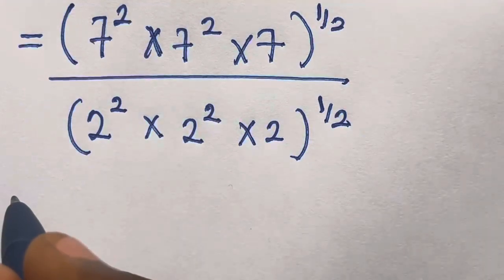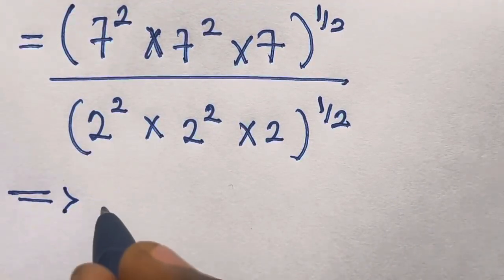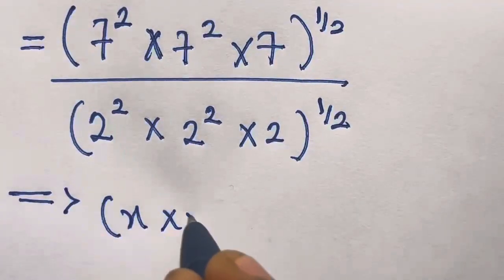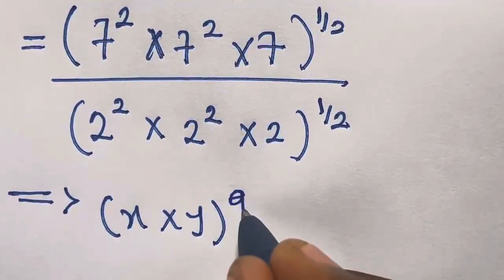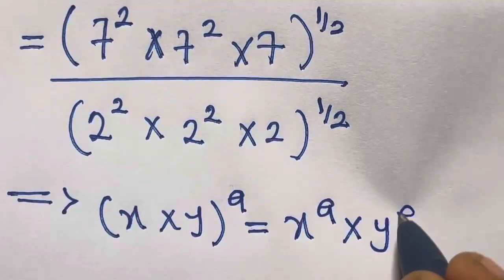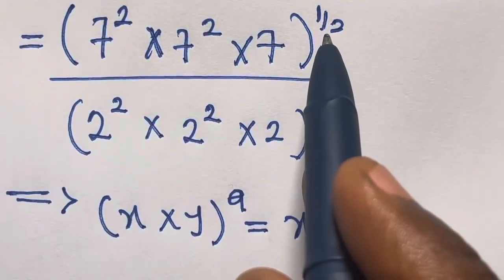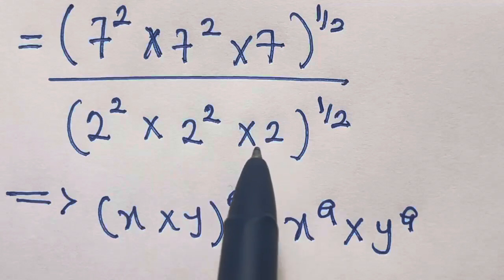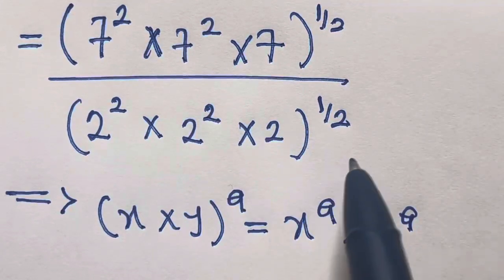So from here, let's recall that if we have x times y raised to the power a, this equals x raised to the power a times y raised to the power a, which means we are going to distribute this power 1/2 to each of these, and it applies to the denominator as well.